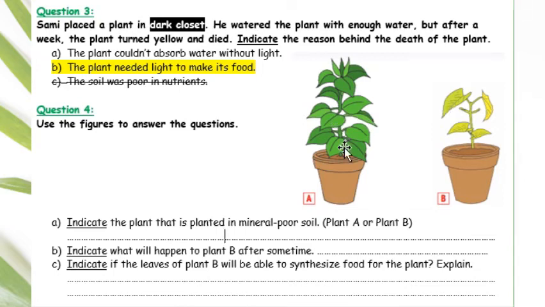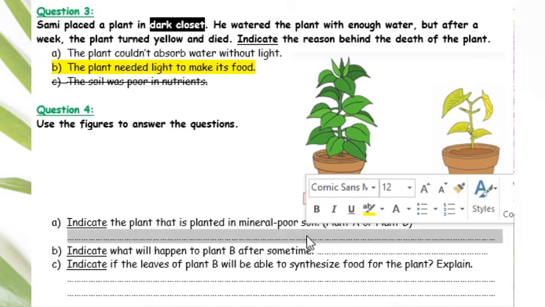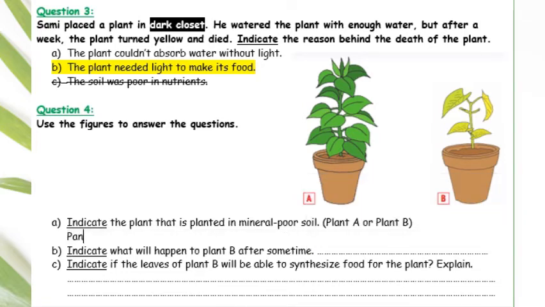One of these plants is found in a soil that doesn't contain enough minerals. So it's plant B. They said indicate, so there's no need to explain our answer, but I'm going to say this quickly.